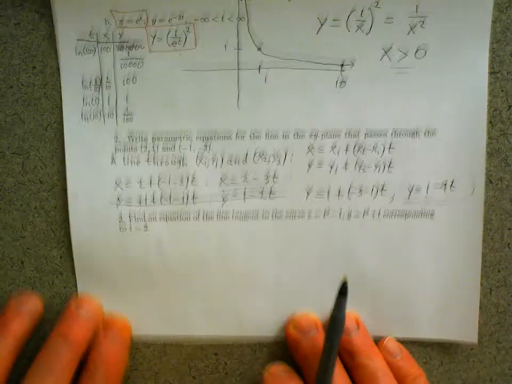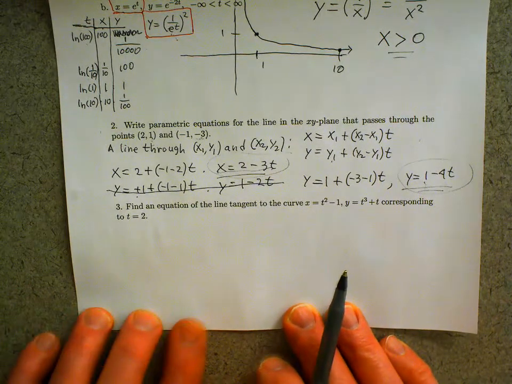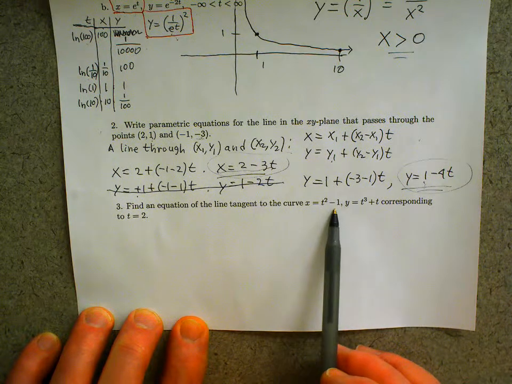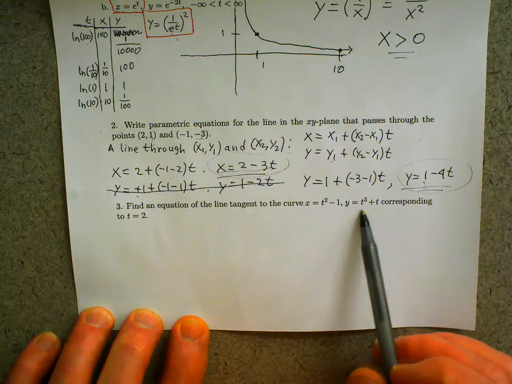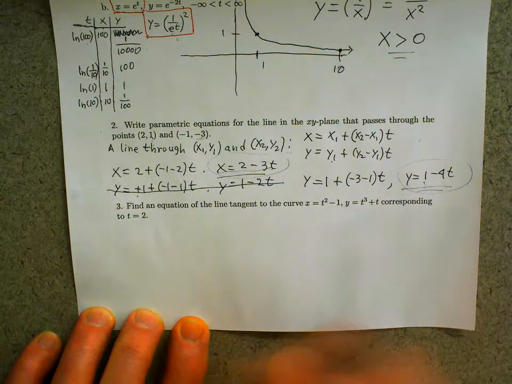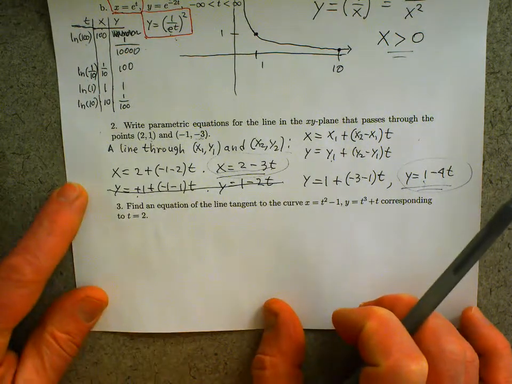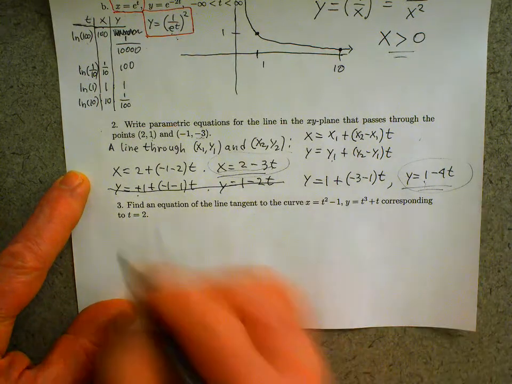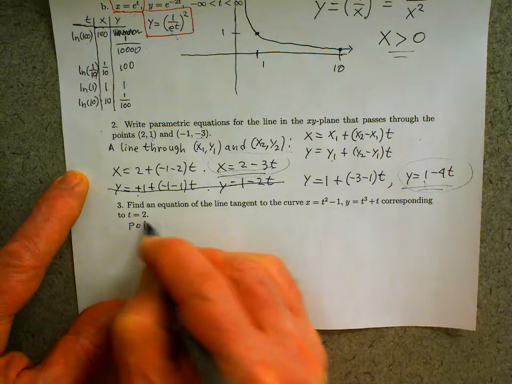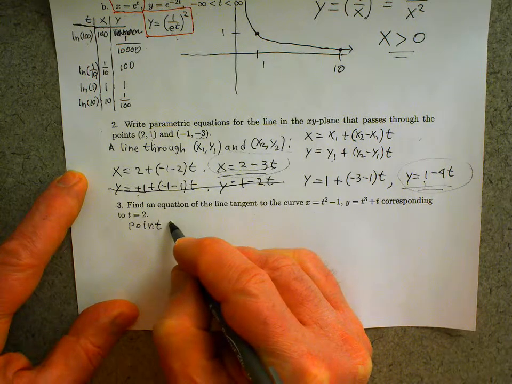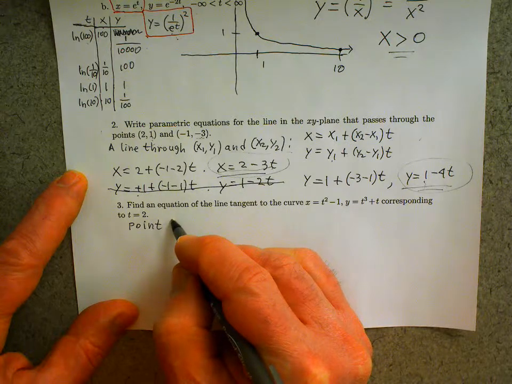Okay, the next problem: find an equation of the line tangent to the curve x equals t to the second minus 1 and y equals t to the third plus t, corresponding to t equals 2. First, the point on the curve that corresponds to t equals 2.